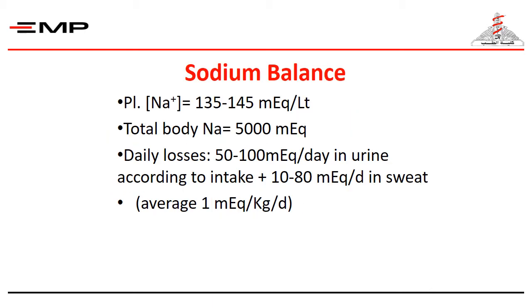Sodium moves freely between the interstitial compartment and the intravascular compartment. Hyponatremia is the decrease of plasma sodium below 135 milliequivalent per liter and is classified as severe if less than 120 milliequivalent per liter. Hyponatremia reflects hypotonicity of plasma, meaning that there is relative excess of water.